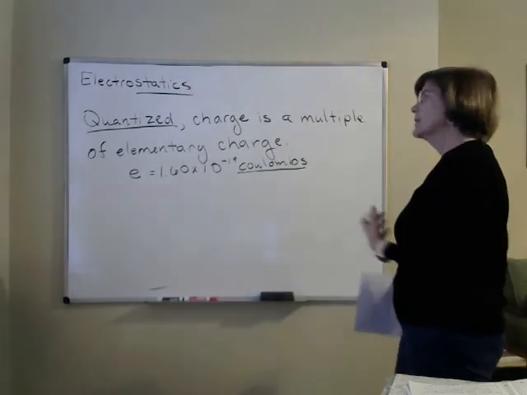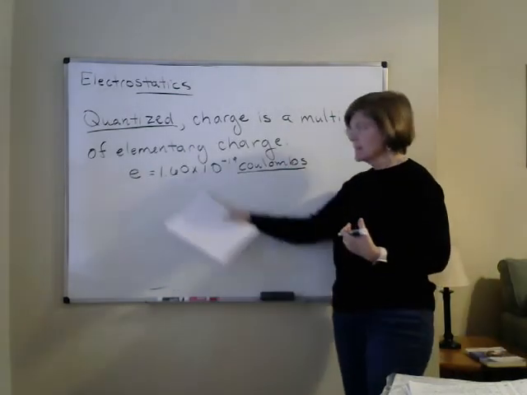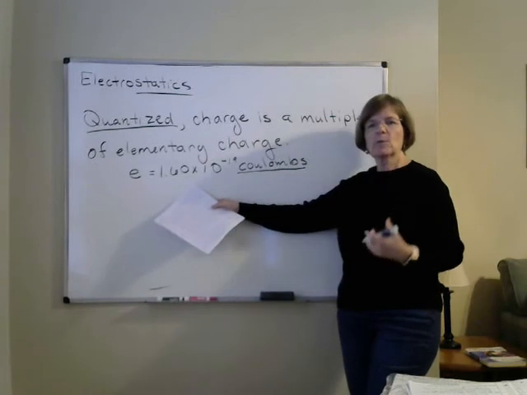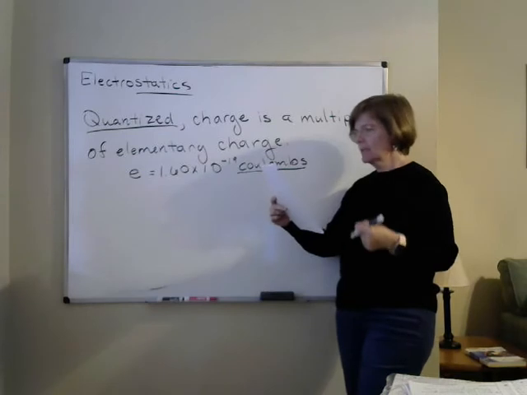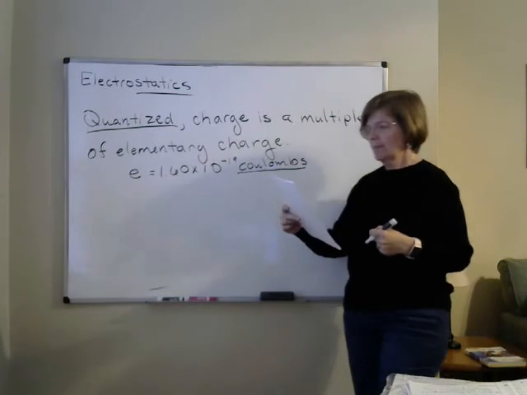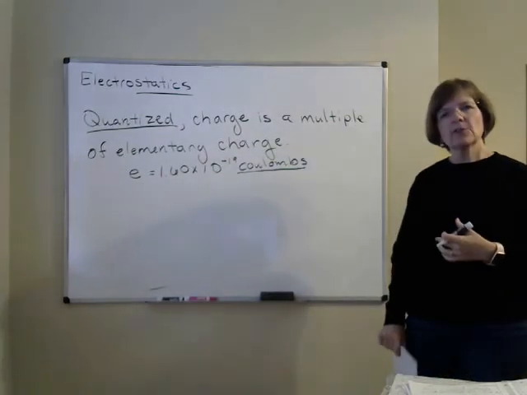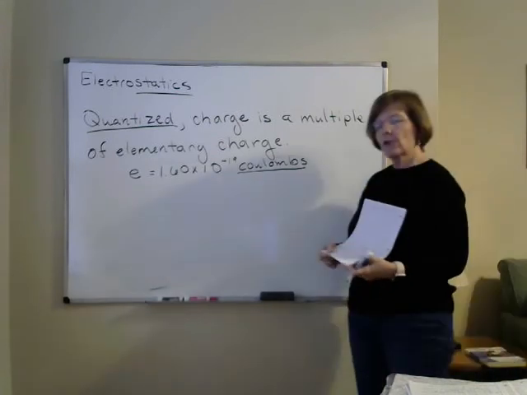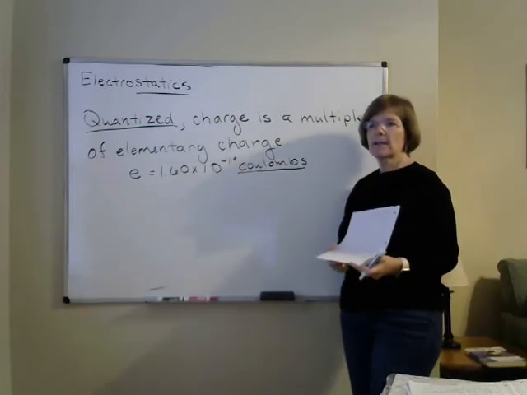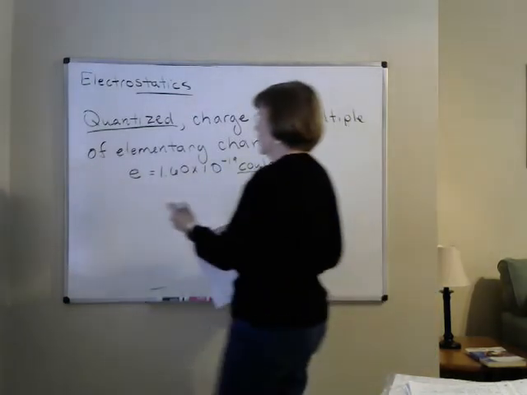For a long time, it was believed, and this is the charge on one electron or one proton, that this was in fact the smallest possible charge. We now know that's not true. We now know that there is charge smaller than that of an electron. There's something called a quark.